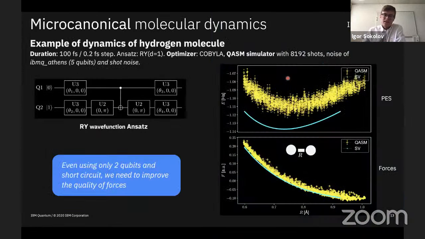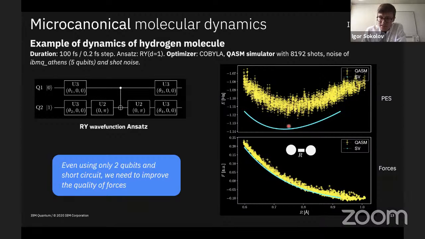Let's start with what happens when we have all the noise sources active. Here I show you the results of a 100 femtosecond simulation, its potential energy surface, and the state vector result, where SV means state vector, which is also the exact solution of our problem using exact forces.